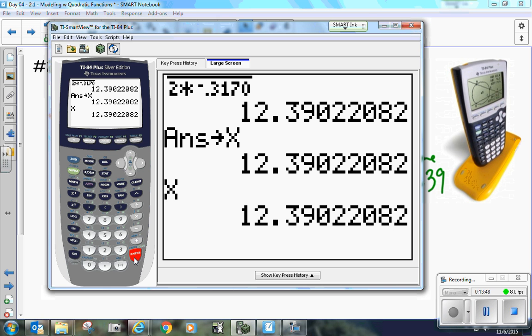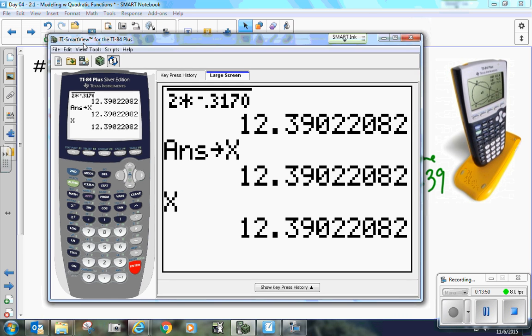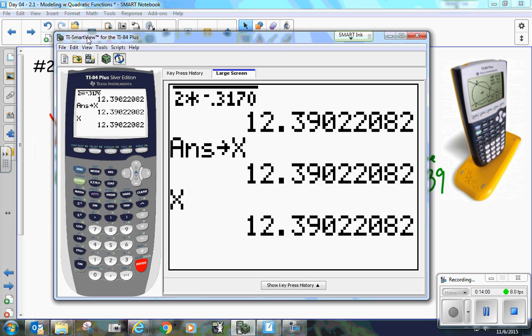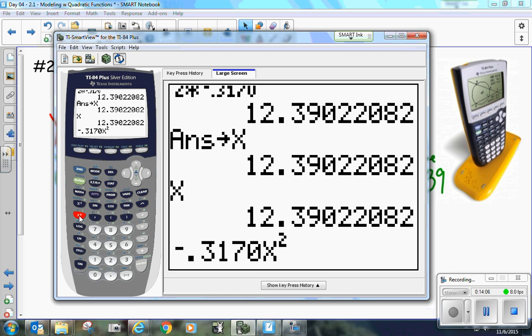So now guess what I'm going to do when I type this equation in my calculator? I'm going to leave the X in there. Because now I don't have to retype this, because that 12 is already in the X. Okay? So we have negative 0.3170 times x squared. I can do that now because my x is 12.39022 whatever in it. We're good. I don't have to retype that out.